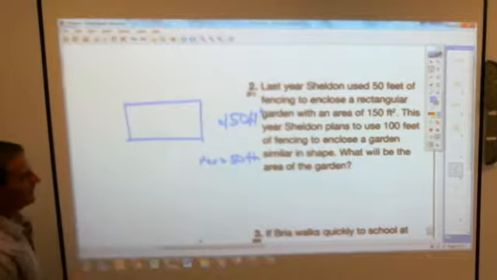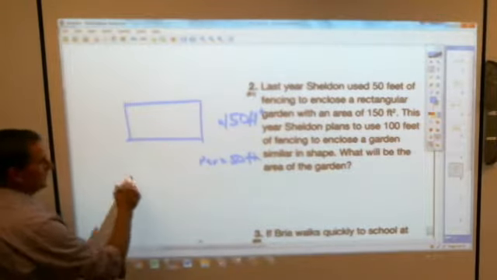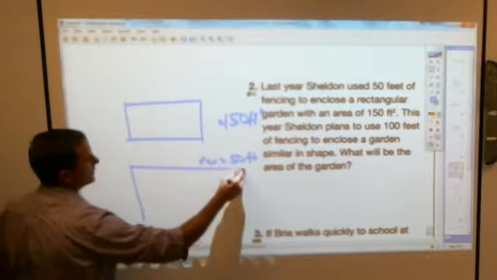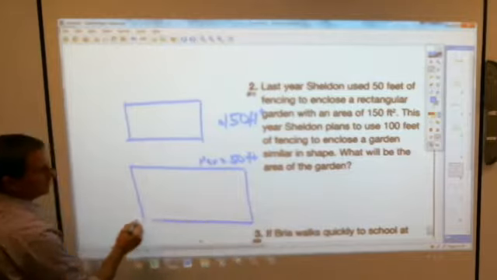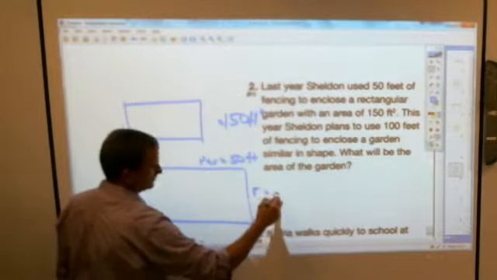The next rectangle, it said he plans to use 100 feet of fencing, which means the rectangle is going to have a perimeter of 100 feet, right?